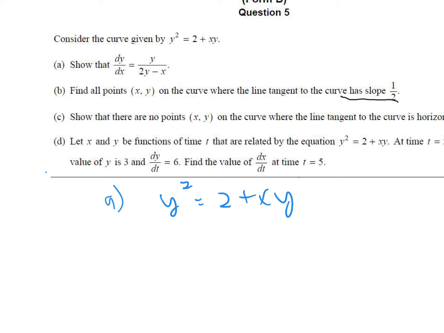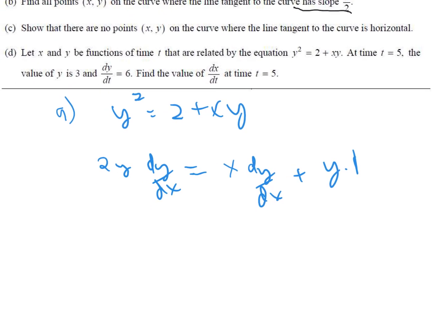Left to right, I'm going to go 2y dy dx equals 2. The derivative of 2 is 0, so I don't need to worry about that part. But the xy, the product rule. Don't forget, it's a product rule. The first times the derivative of the second, plus the second times the derivative of the first, which was a 1.